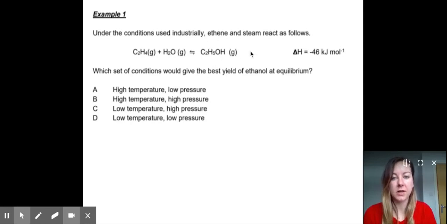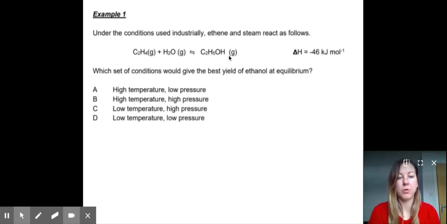Remember, the reason it does that is when you decrease the temperature, it will try and increase the temperature, and the exothermic reaction is going to produce more heat energy. So a low temperature is going to be more beneficial than a high temperature. So immediately we can rule out A and B, and we are going to be going between C and D.